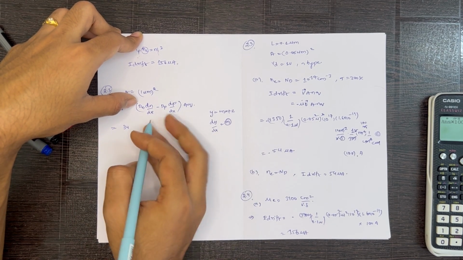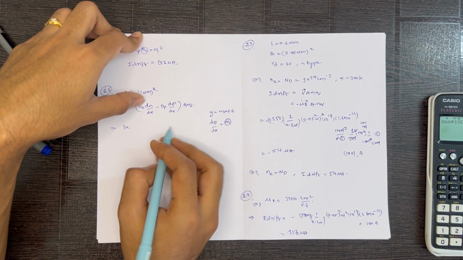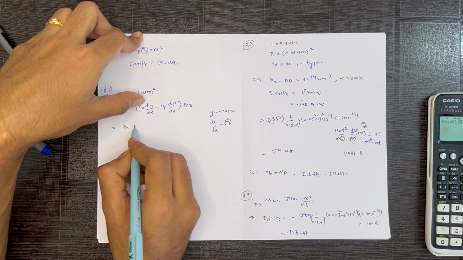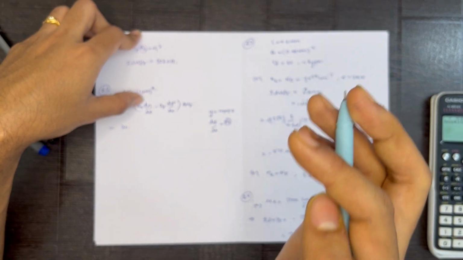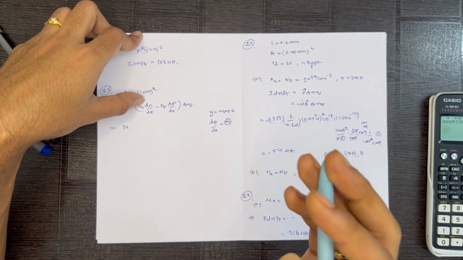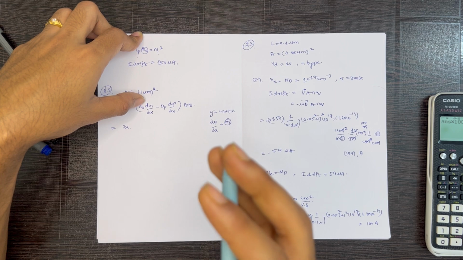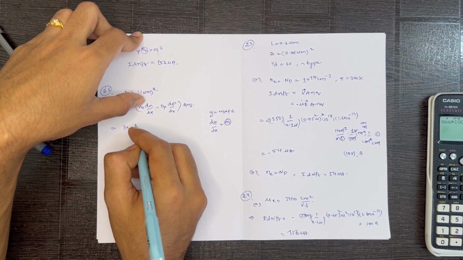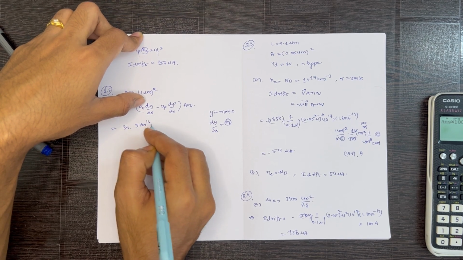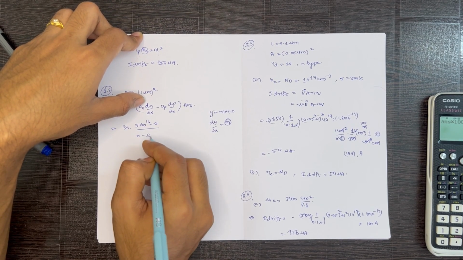I'll write equations in the end. The slope will be y2 minus y1 over x2 minus x1: 2 micrometer will be x1, y1 will be 0, and x2, y2 is 5 into 10 power 16, so 5 into 10 power 16 minus 0 by 0 minus 2 micro.